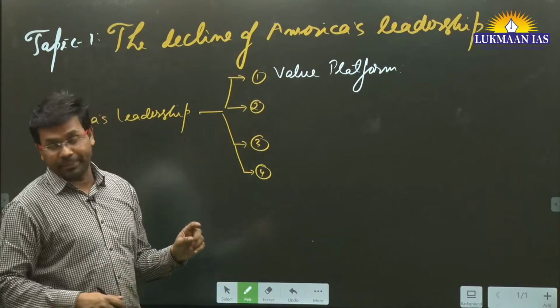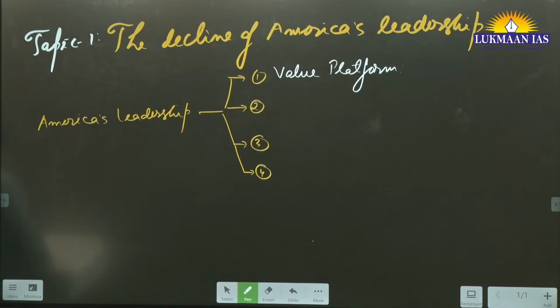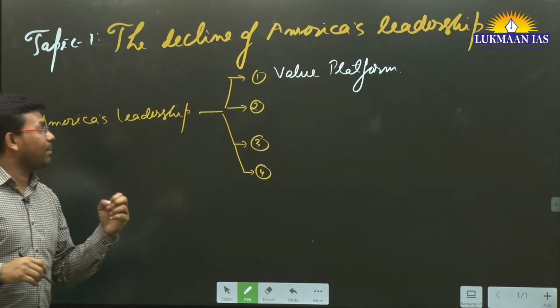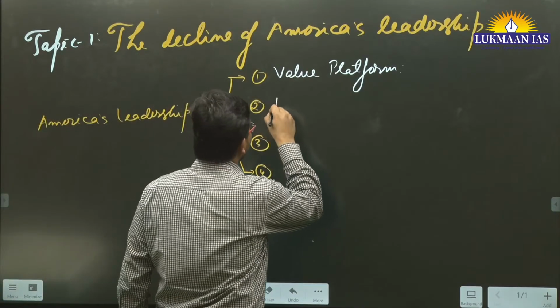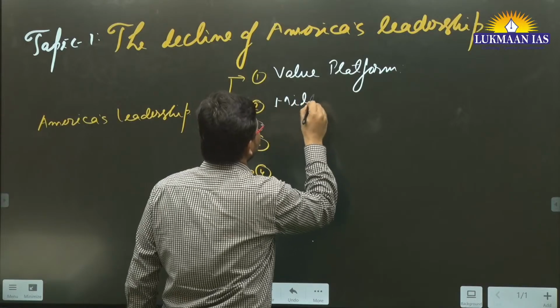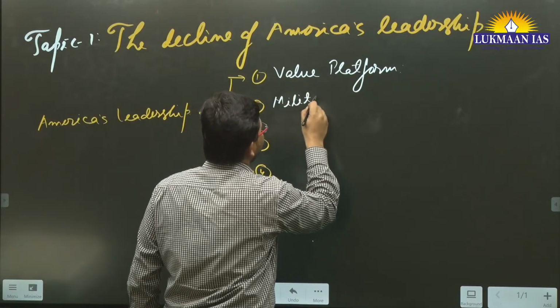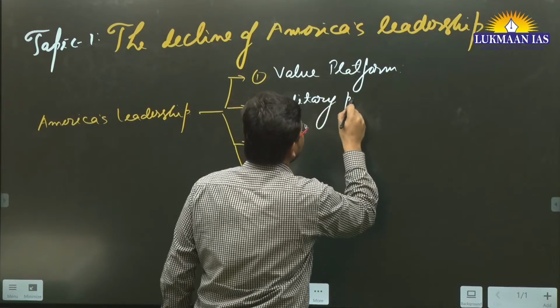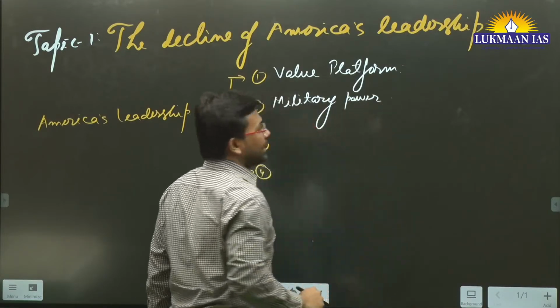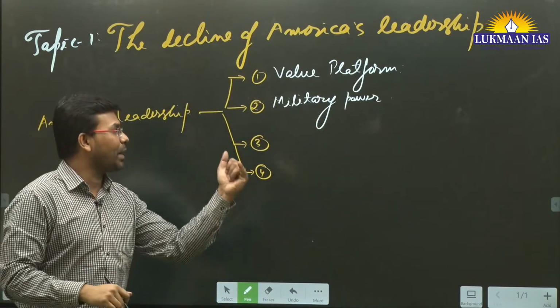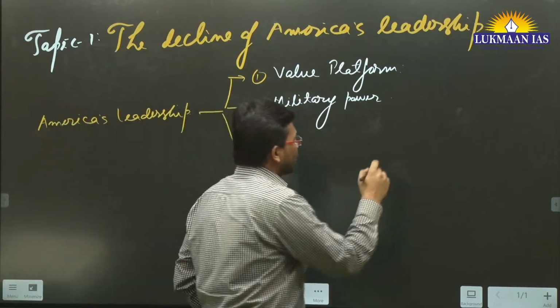Apart from this, in this article they have talked about how America plays a very important role militarily. It is a military power, a very strong military power. Why is it strong militarily?